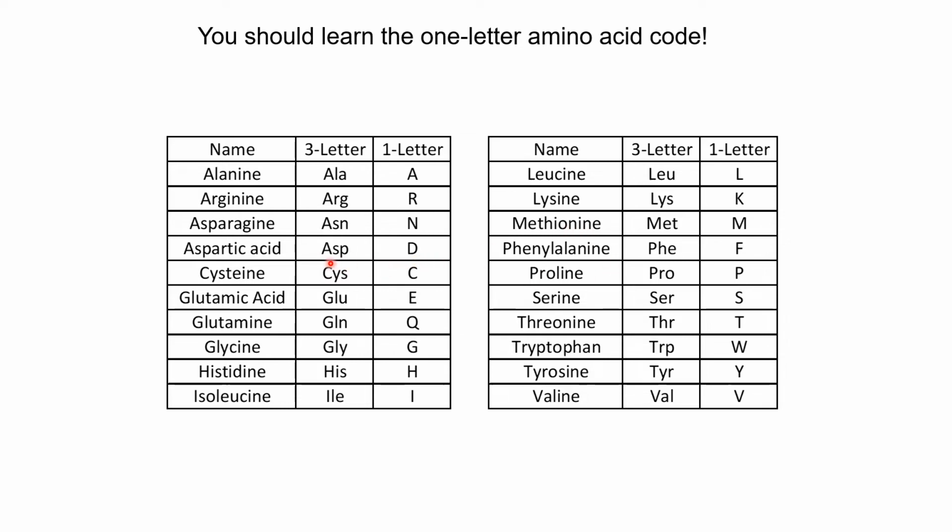Where in this spelling is the letter D? If you look at each individual letter, all of them are already represented. When we speak aspartic acid, the pronunciation ends in a sound like "dick", so it sounds like the letter D, and it becomes D.